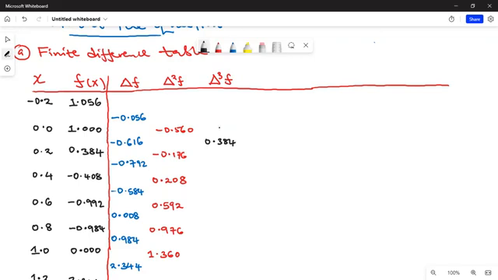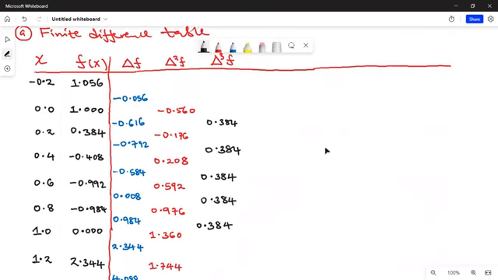Similarly, 0.208 minus negative 0.176, again, that is 0.384. So let's proceed with the same subtraction up to the end so that we see what we get under that third order difference column. So these are the values we get under the third order difference column.